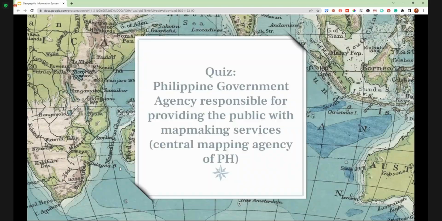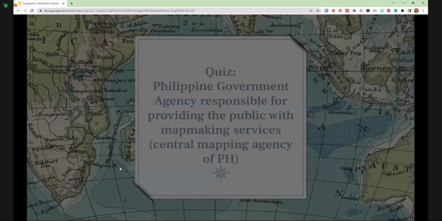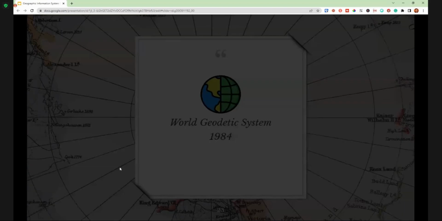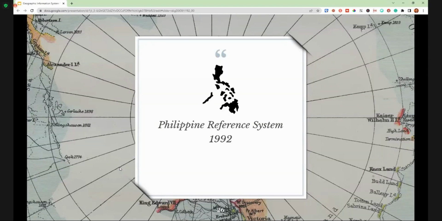Right. So with that, the reason why I introduced the World Geodetic System and NAMRIA is that here in the Philippines, we're actually using a reference system or coordinate system called the Philippine Reference System of 1992.